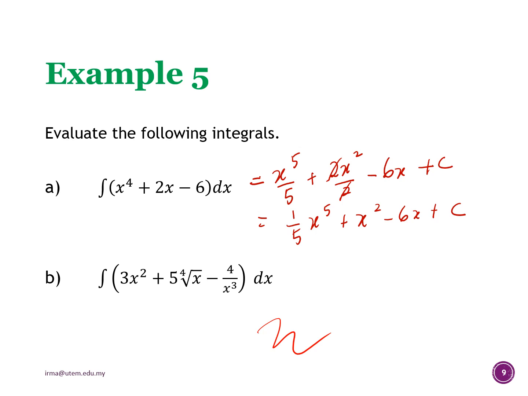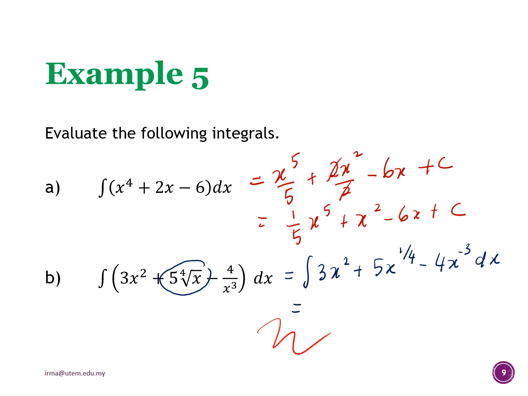Alright, and this is the last example. If you look at question B, you have this form. What you need to do is rewrite it as 3x squared plus 5x to the power of 1 over 4 minus 4x to the power of negative 3. It will be easier for you to integrate that.